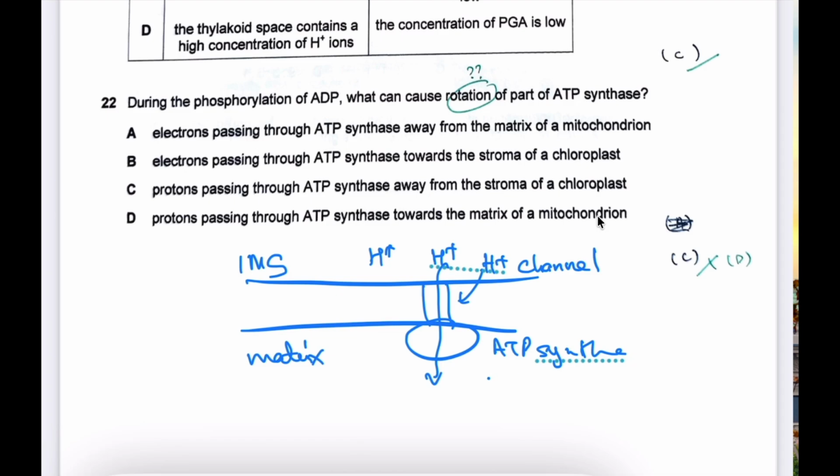And the ATP synthase will then do the phosphorylation of ADP and Pi here. Alright, so the rotation part is here. As the protons flow through, it doesn't flow straight, it flows like a screw, all coming out like that. So it's actually the protons passing through here.